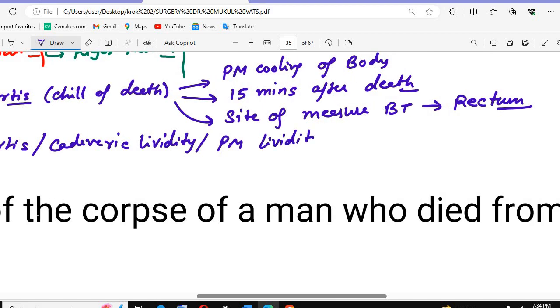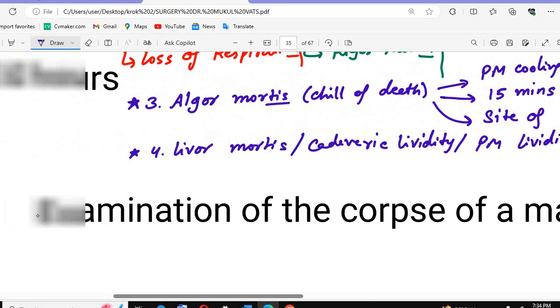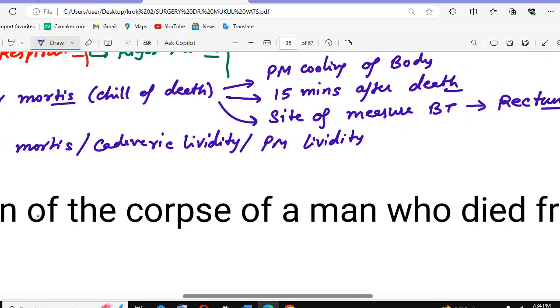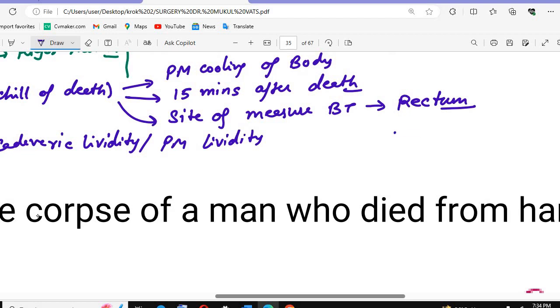In the case of livor, remember, when the person dies, we see the blood in the vessels. If the person is in the supine position, there will be pulling of the blood to whichever area is touching the ground. Those are the dependent parts.